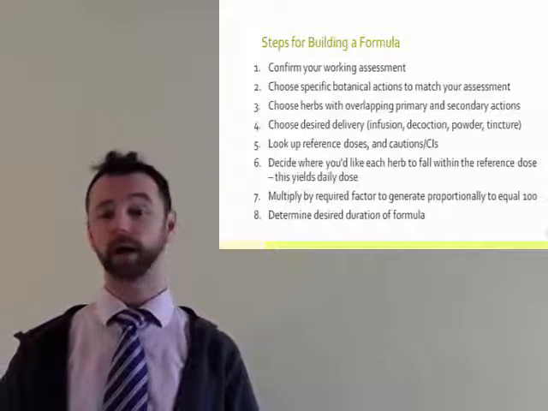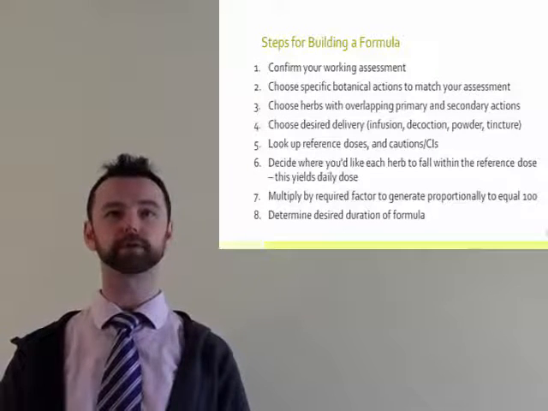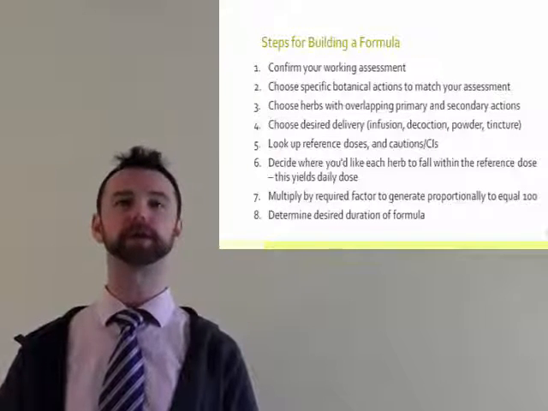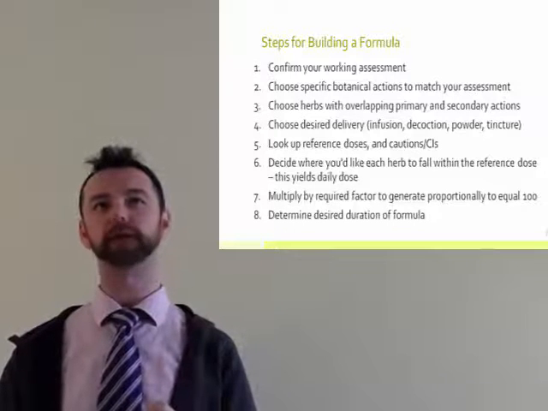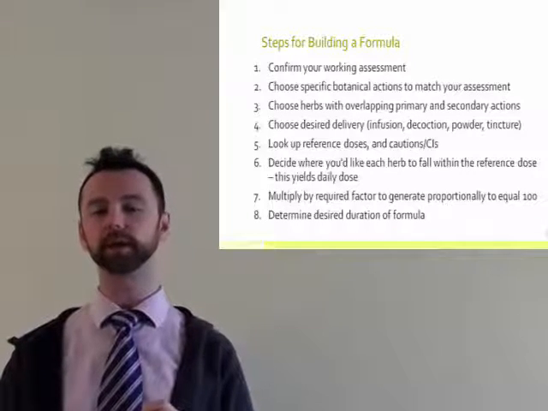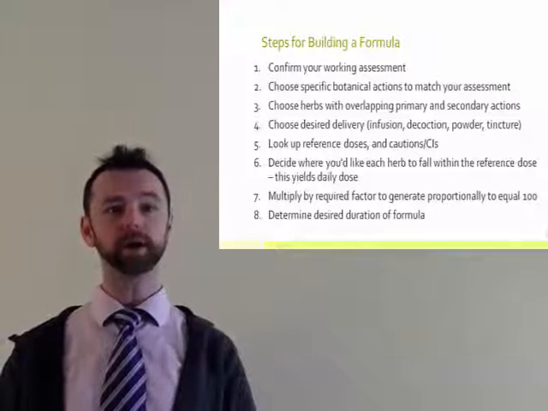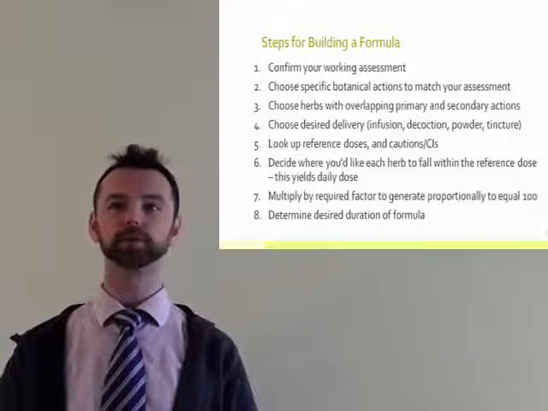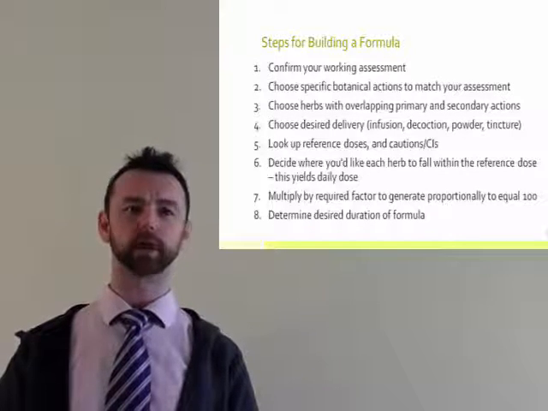From here, I like to do it this way. There are lots of different ways to formulate. Some practitioners favor the parts route, where they say, okay, astragalus is my primary, so I want 3 parts, and rhodiola is my secondary, so I'm going to go with 2 parts of that one, and then everything else is 1 part. Where that gets complicated is that if those parts don't add up to 10 or 100, you start getting awkward numbers.